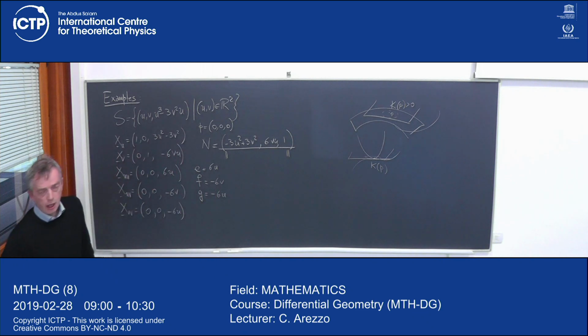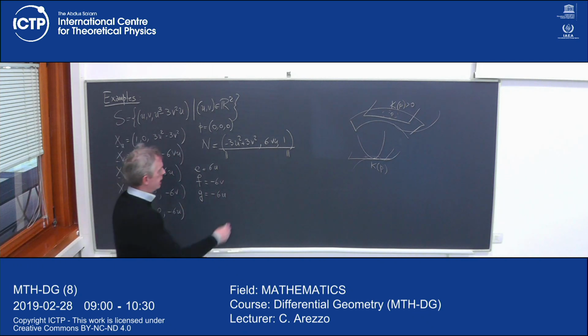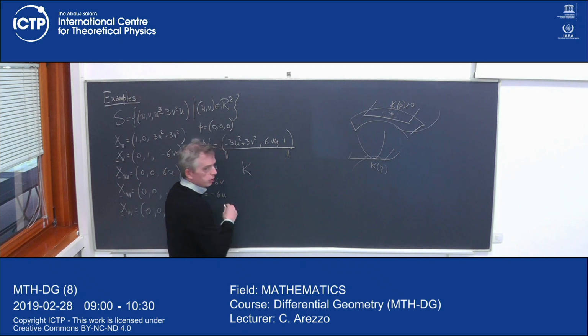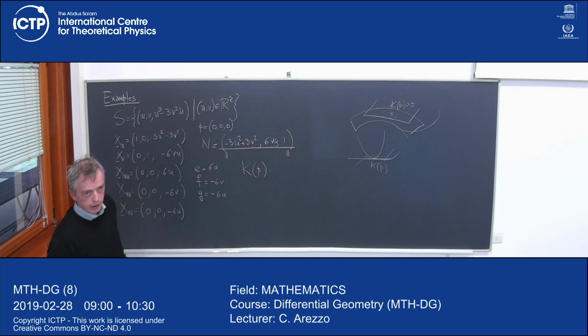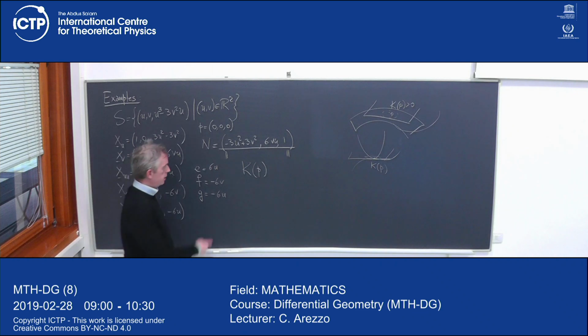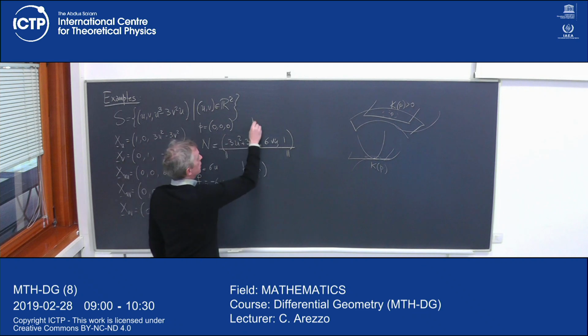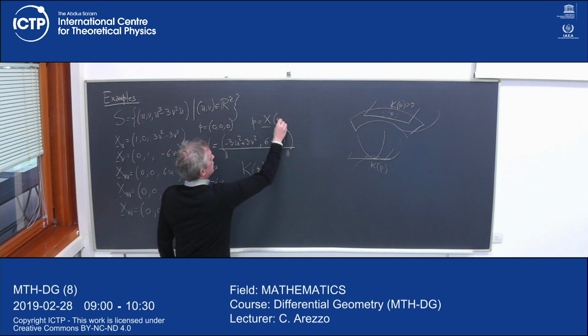Now I should compute k at the point. Of course, if I want to write the general formula for k, I also need the capital letters, but I want k of p, and what I wrote is enough, because it's (eg minus f squared) divided by (EG minus F squared). The point is whatever there is at the denominator, p is the point corresponding to (0, 0). So p is x of (0, 0).